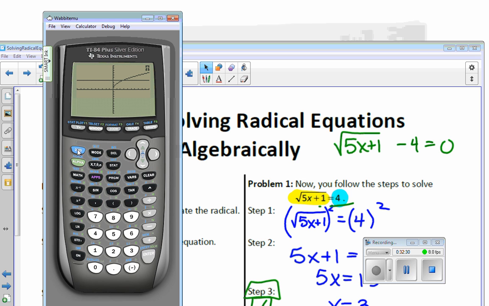So if I calculate the intersection, which is option 5, calculate second calc, option 5, it's going to ask you first curve, second curve. So you see your square root function, and then you see your y equals 4. Watch it jump. It starts at the first curve, then it jumps up to the other curve.